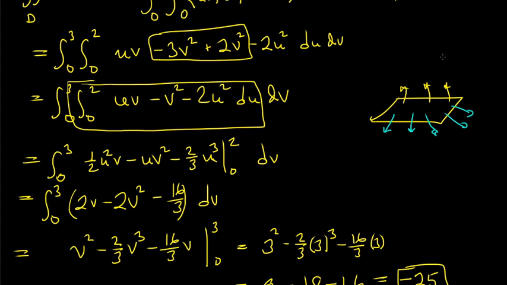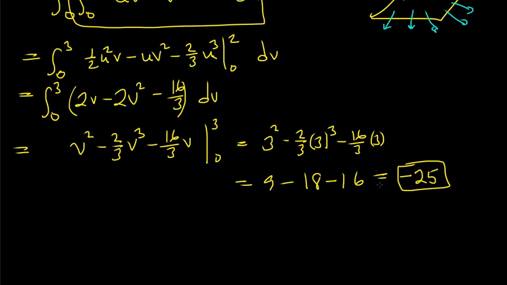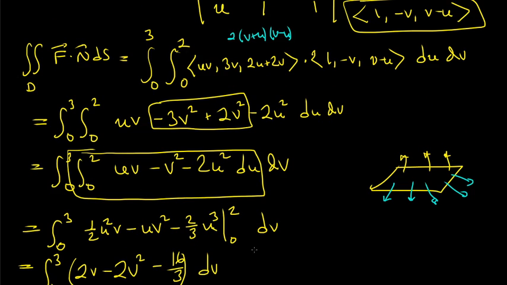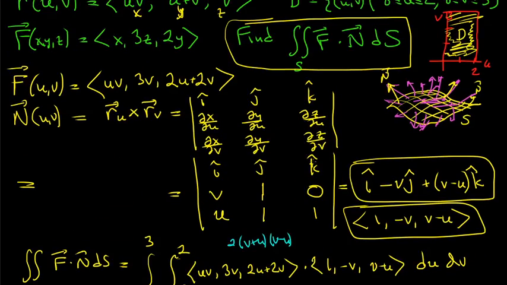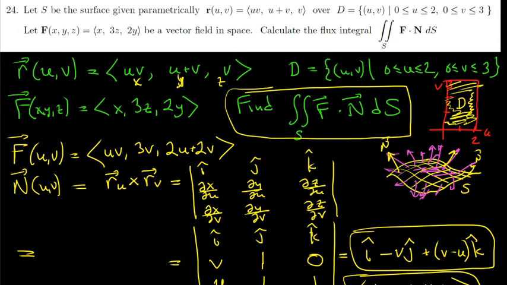Okay. So in other words, the dot product would be negative. So that's how you can get a negative flux. So the flux integral here, after all this, should just be negative 25. Okay, that brings us to 25.